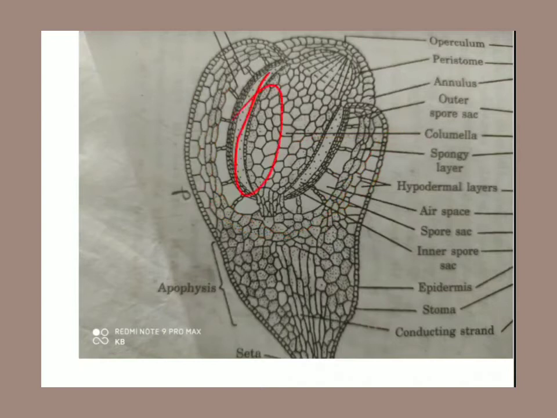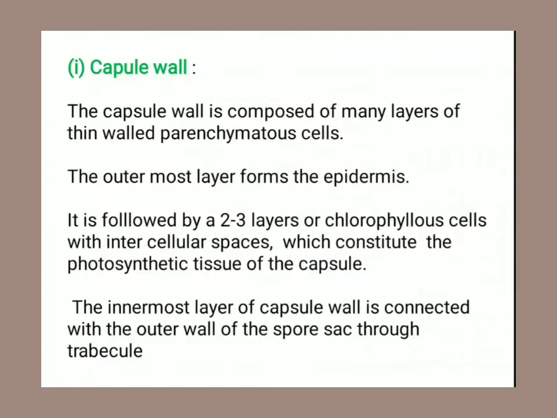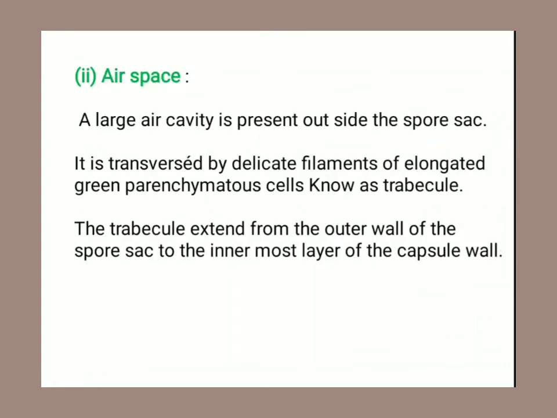This is the spore sac portion, and on the outer side of the spore sac is the air space, which is traversed by delicate filaments of elongated green parenchymatous cells. They are known as the trabeculae.